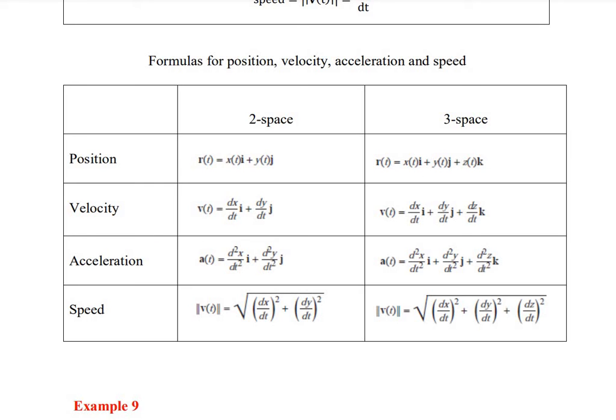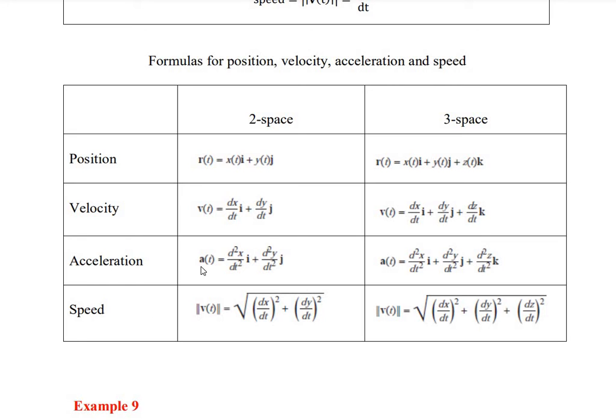So vector v of t is equal to the derivative of x with respect to t into i cap plus dy by dt into j cap. Similarly, in the case of 3 space, vector v of t is equal to dx by dt into i cap plus dy by dt into j cap plus dz by dt into k cap.